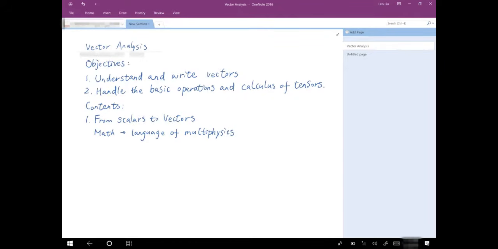There's another thing that we need to recall before we talk about vectors. That is field, or to be more specific, physical field. Do you guys still remember the meaning of physical field? In every situation, for example in x, y, z, we have an amount or value, for example for temperature.